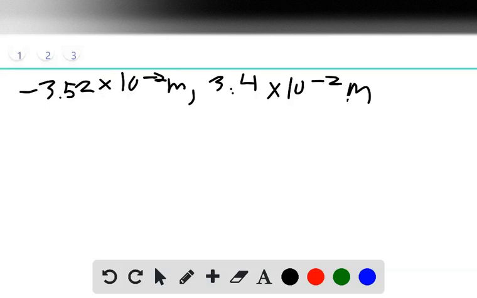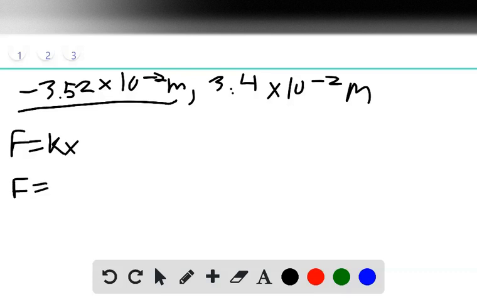Obviously the correct one is going to be the negative one because we're working with the scale being set at 0. The equilibrium point of the scale is going to be equal to 0. Then we have an x, we have a k. We can do F equals kx to get the final reading of the scale.